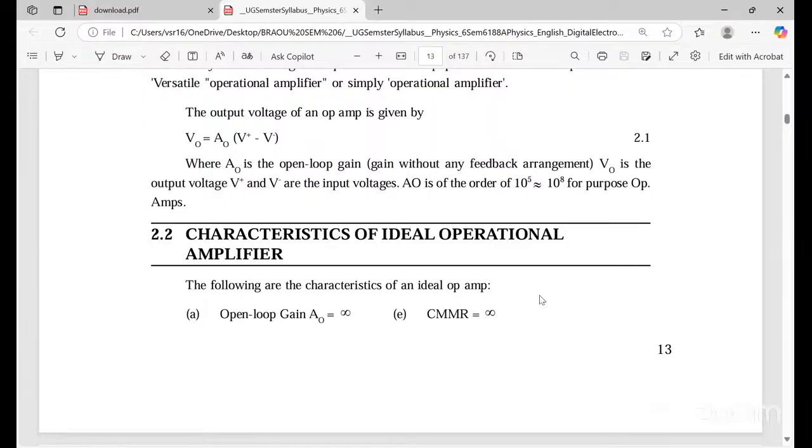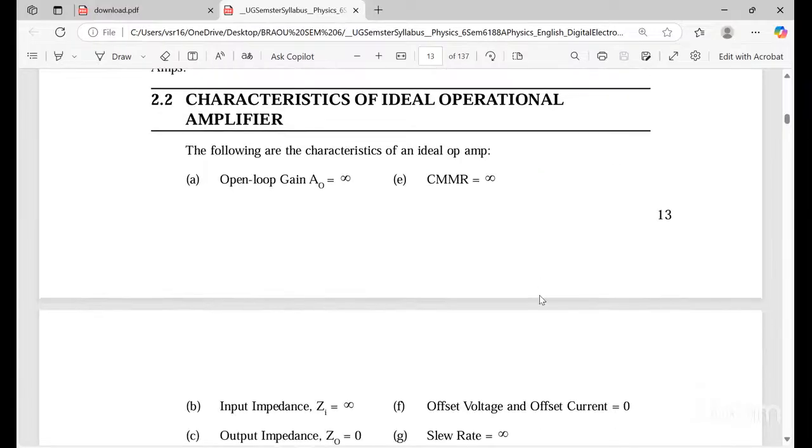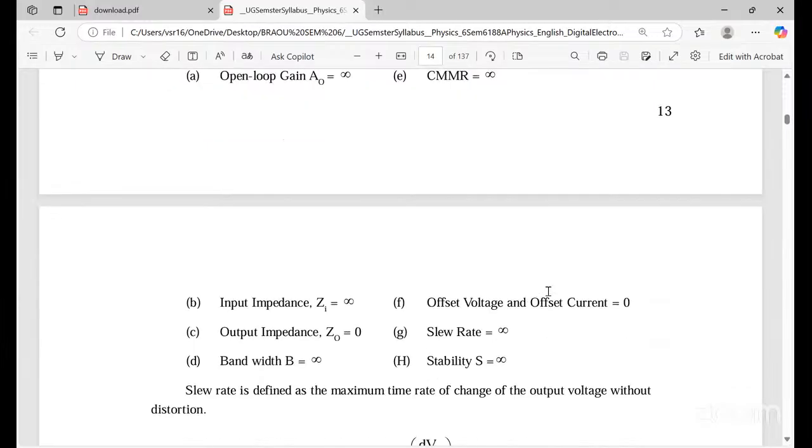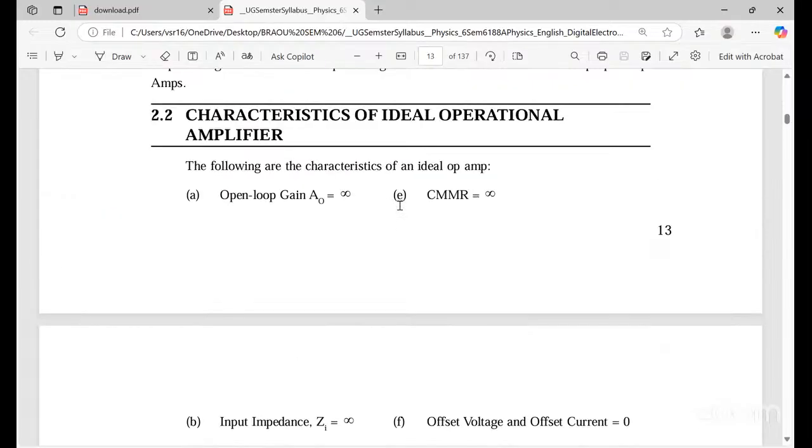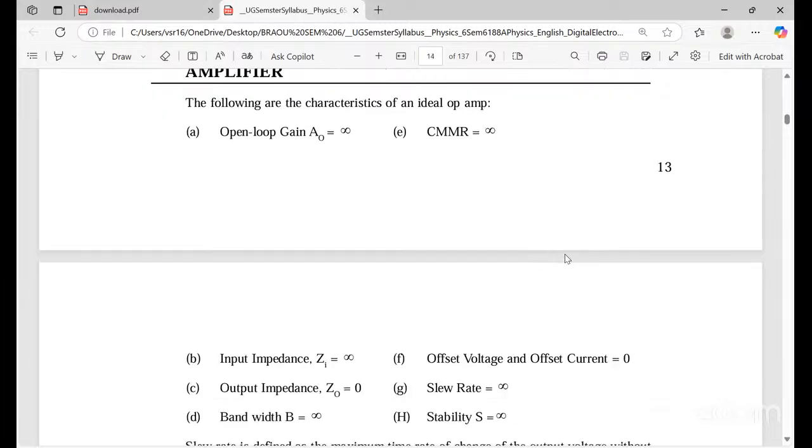What are the characteristics of an ideal operational amp? Open loop gain A naught is infinity.